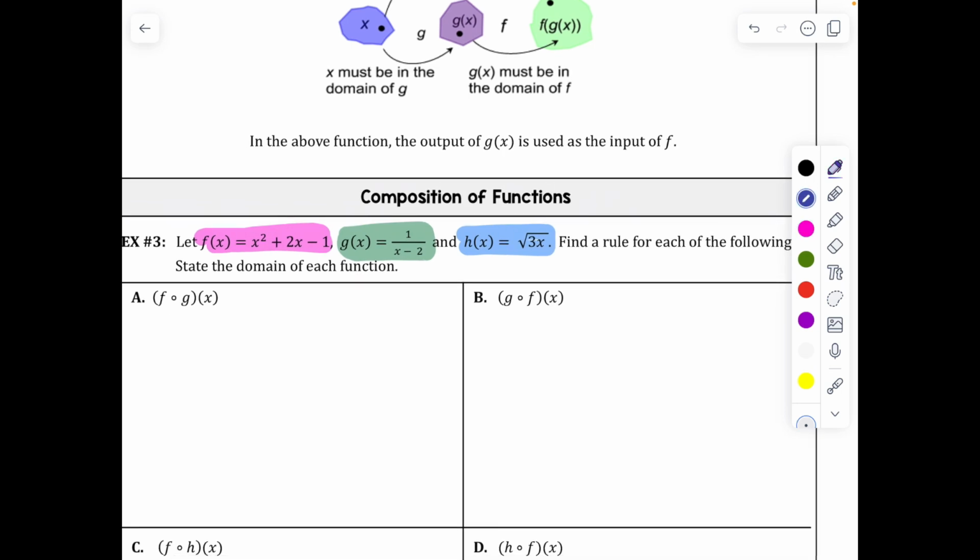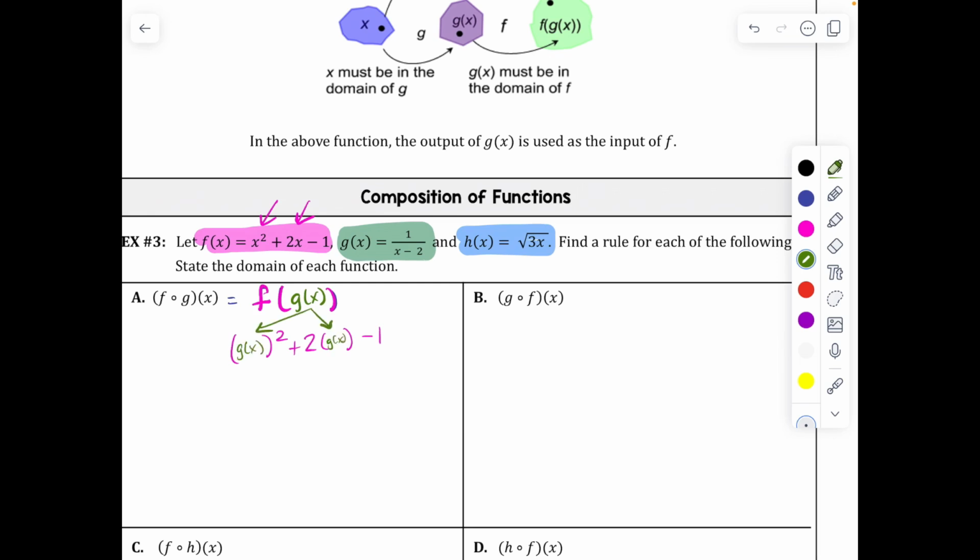Remember, f of g of x is like saying f of g of x. So we'll write this in pink: f of, and inside of it is g of x. This means every time I see x inside function f, instead of x squared plus 2x minus 1, I'm going to replace these x's with parentheses. What's going to go inside of those parentheses? It's going to be g of x.